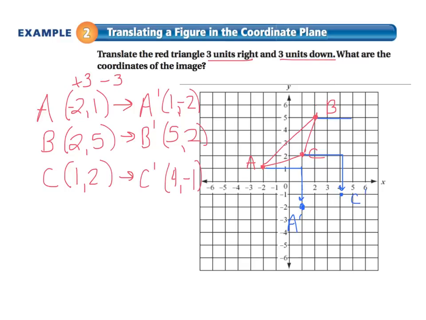And B goes right 3, down 3. And that's B prime. And if you check these, let's see. 1, negative 2 is correct. 5, 2 is correct. And 4, negative 1 is correct. So the coordinates would be these values right here.